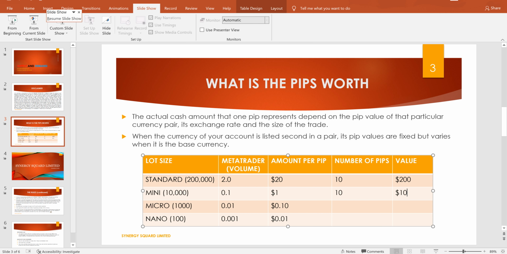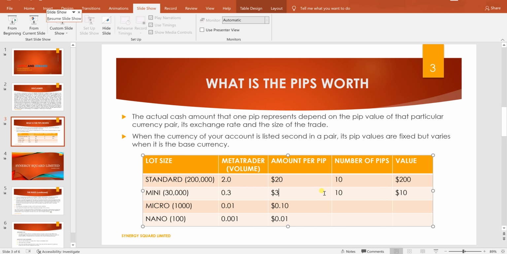Simply means we'll be making $10. Right? Then what if we made use of maybe 3 mini lots? Let us say 3 mini lots. It simply means we'll be controlling 30,000 units of currency. Then the amount per pip will no longer be 1, but what? $3 per pip.